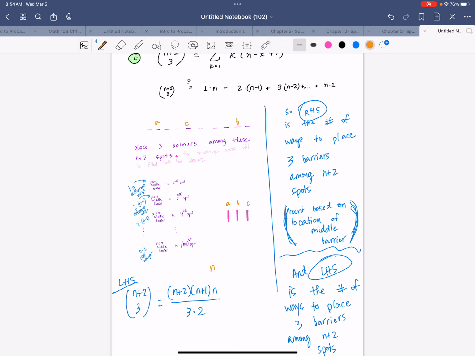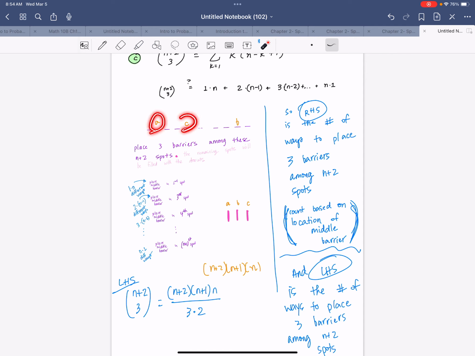The number of ways would be n plus 2 times n plus 1 times n. And now I've overcounted because I don't have distinct elements A, B, and C. They're all sticks. How many ways have I overcounted?